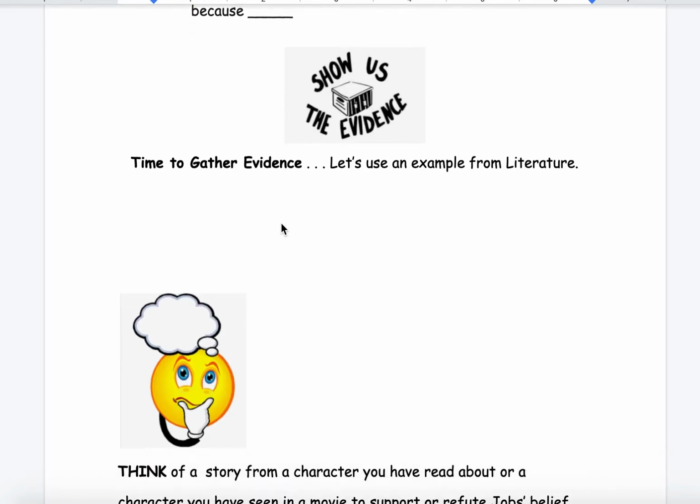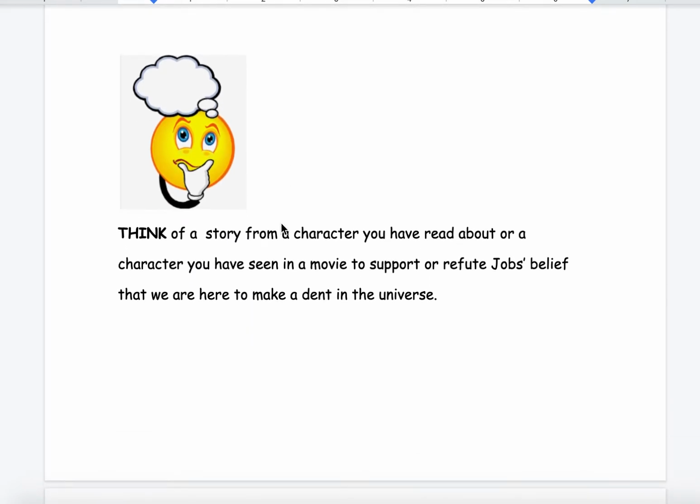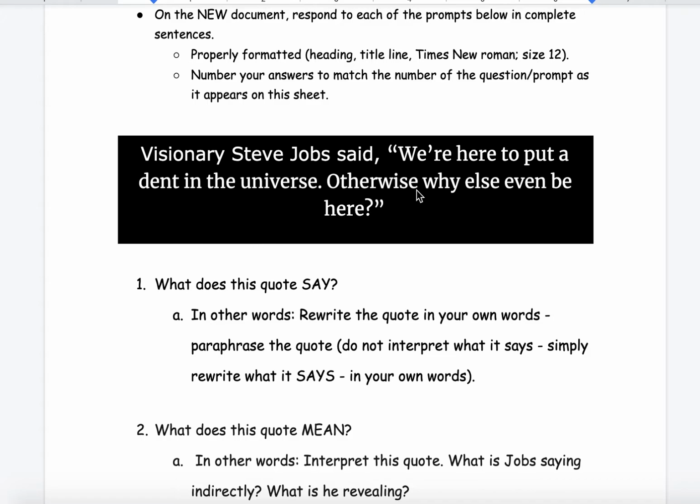Okay, so I want you to think. Think of a story from a character you have read about, or a character you've seen in a movie. So you got to think of a character because we will use their story to support or refute Jobs' view on we're here to put a dent in the universe. Can you think of a character you read about?